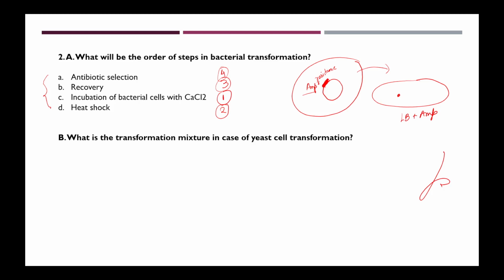Then we'll provide some LB media so that the cell can grow and recover, and then we spread that bacterial cell on an antibiotic selection plate so that we'll get the transformed bacteria only. Okay, and then another thing will be transformation of yeast cells.